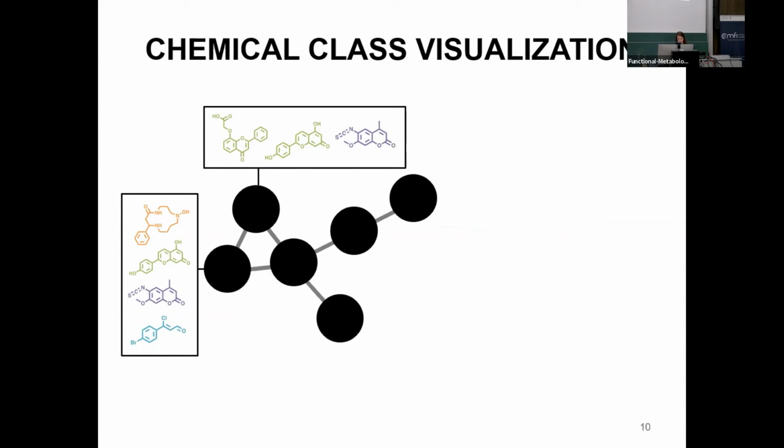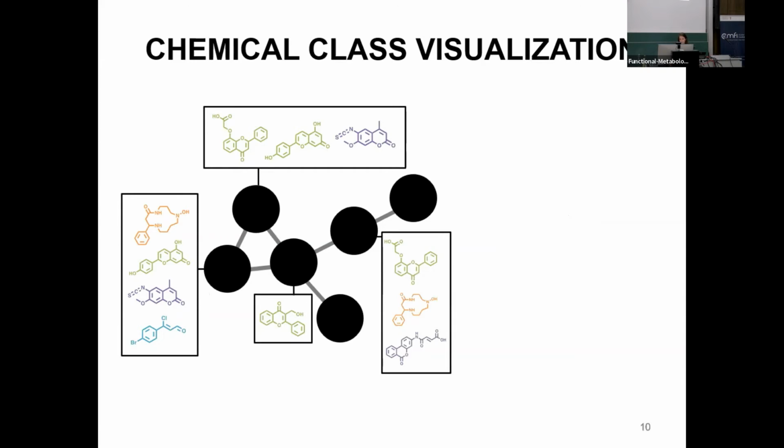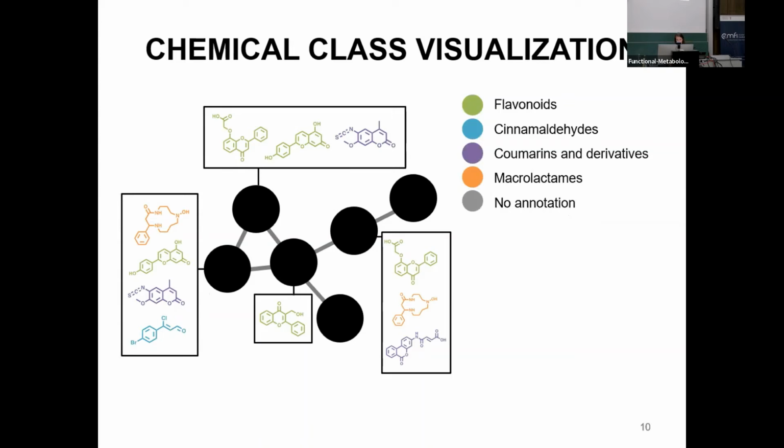So we have always a lot of different chemical structures per node. And MolNetEnhancer will look at those structures and classify all of them, saying, like, some are flavonoids, some are coumarins, and so on. And then we will calculate which would be the most predominant class in this molecular family.